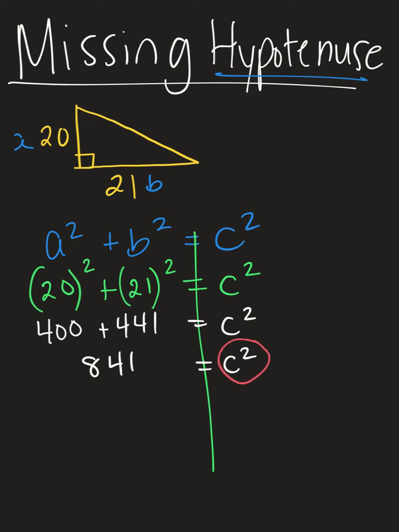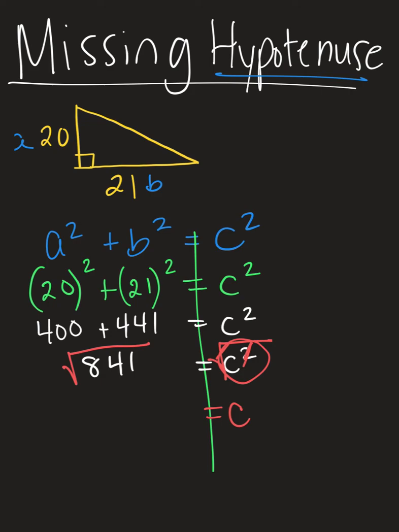I am now going to try to eliminate that exponent of 2. In our previous lessons, we discussed how to solve an exponential equation. So I am going to take the square root, the opposite of that square, and then the 2 goes away because c is now alone. The square root of 841 is an integer answer.